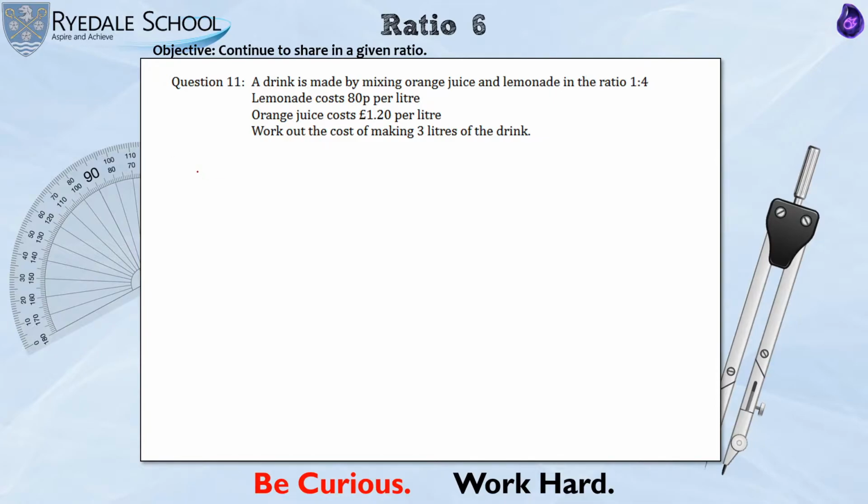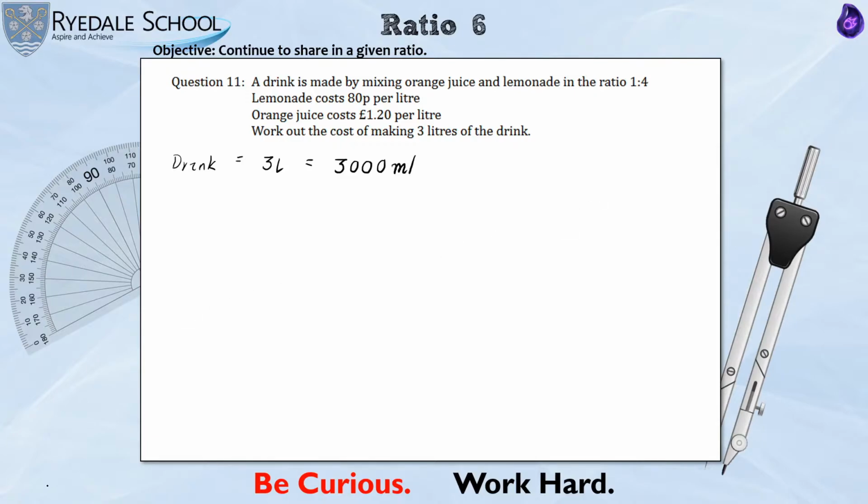So, the first thing that I would consider would be to turn the 3 litres of drink into millilitres to begin with. So, 3 litres of drink is equal to, well, there's 1,000 millilitres in a litre, so that is 3,000 millilitres.